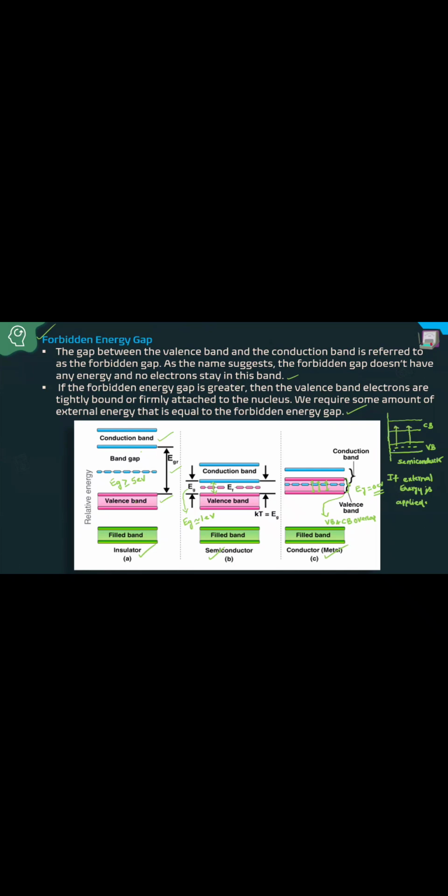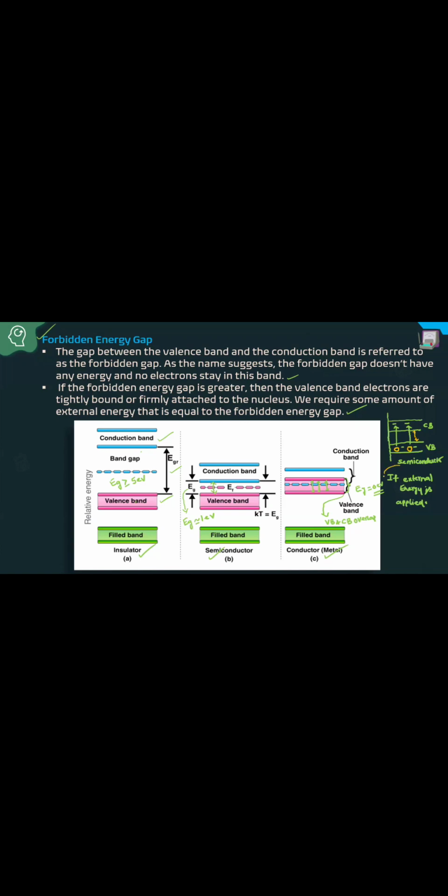If the applied energy is greater than 1 electron volt, then there is a movement of electrons from the valence band to the conduction band. The absence of an electron in the valence band is called a hole, because there is some band gap.